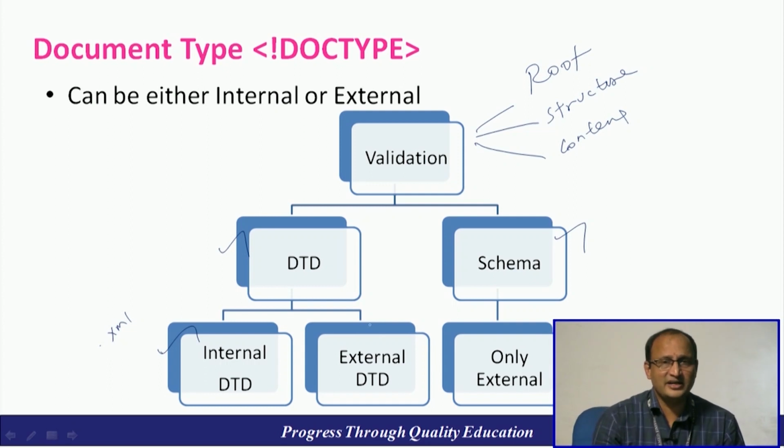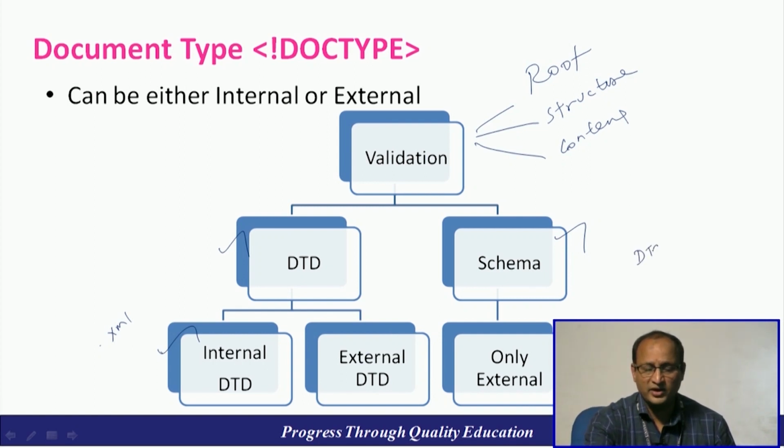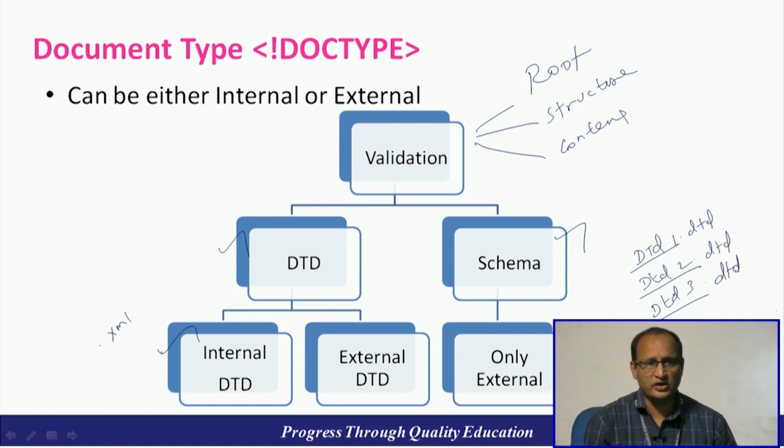Then external DTD, another form. Suppose we want to apply the same rule set for more than one XML document. In the sense, we can go for external DTD. Sometimes we have written DTD file 1, DTD file 2, DTD file 3. These are three separate files we have written with .dtd extension, because for the XML document we have given .xml.